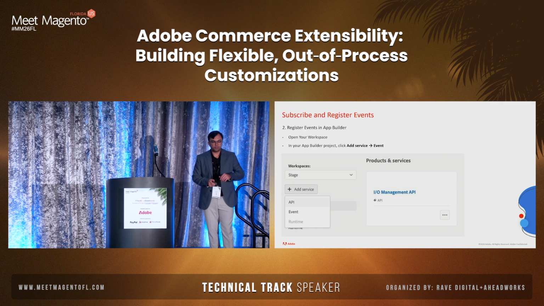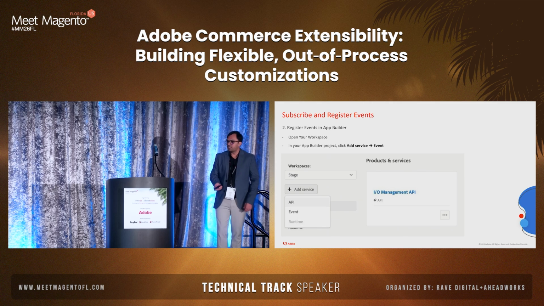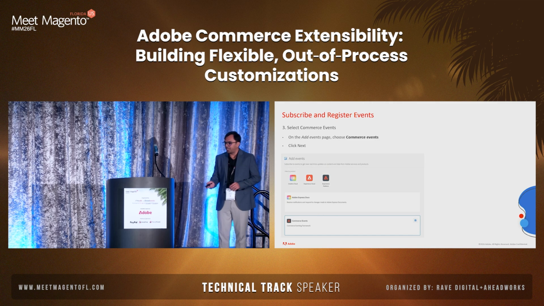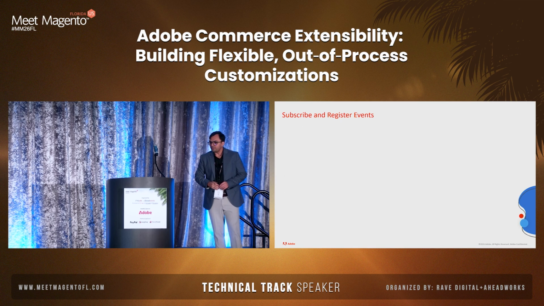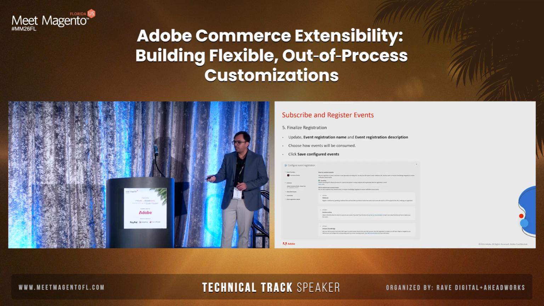So event subscription is done, then you add the service, click on Commerce events, provide your events, select the registration, select the provider and select your event. So you can see here where the catalog product save after has been onboarded on the developer console. And you just finalize your registration.